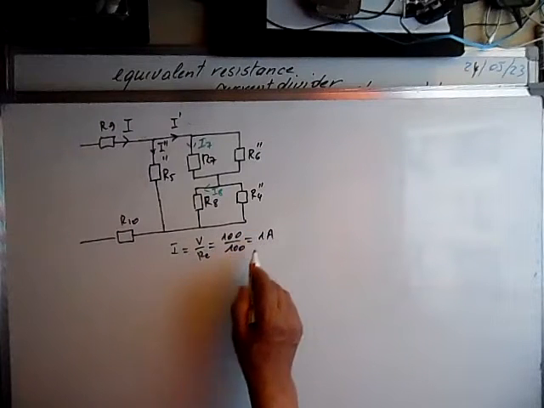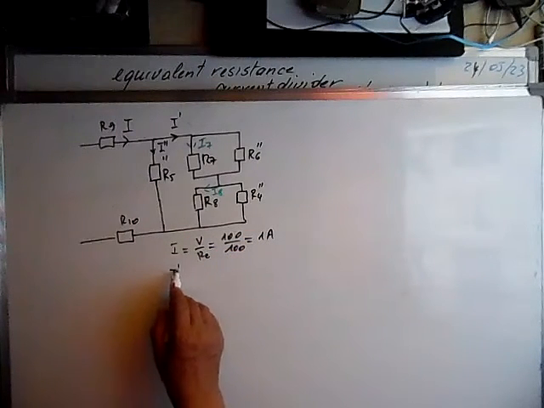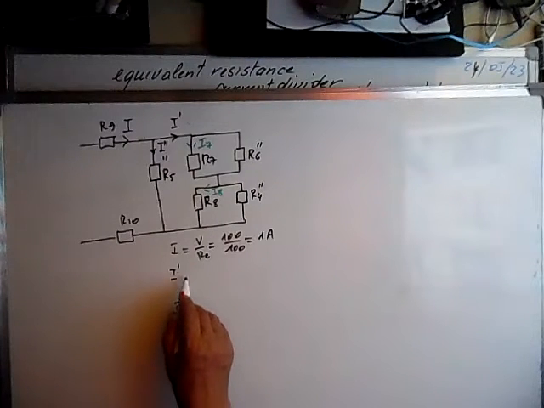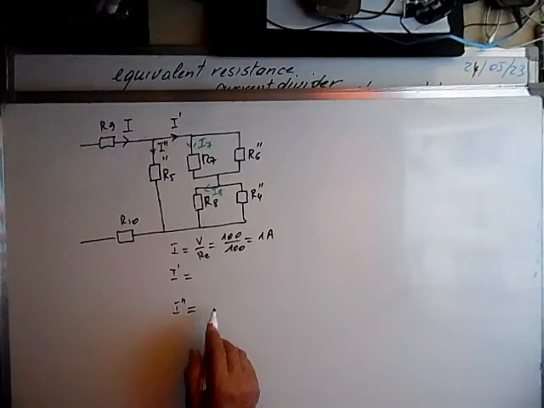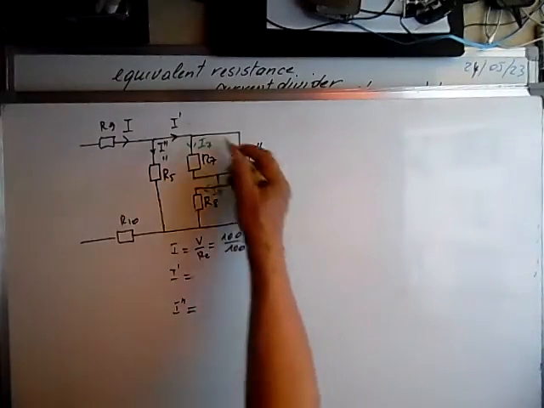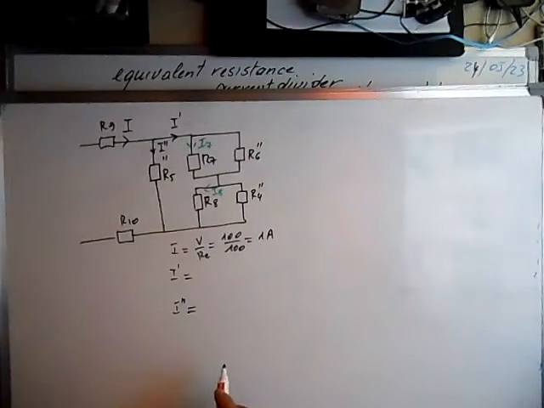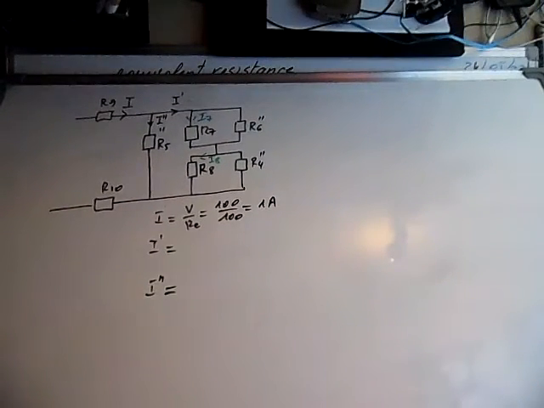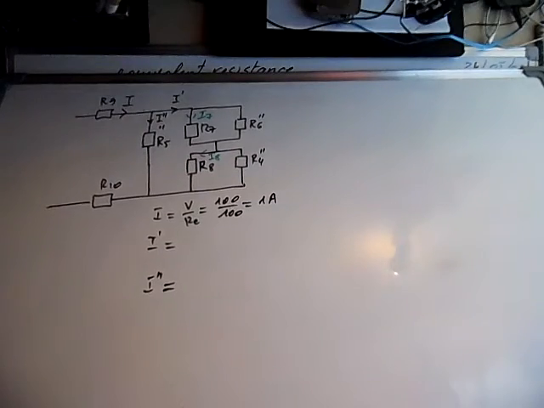It's 1 amp. Now we can calculate by the current divider the current I prime and R2 prime. R prime is the equivalent resistance of this, which we calculated as 33, I think.